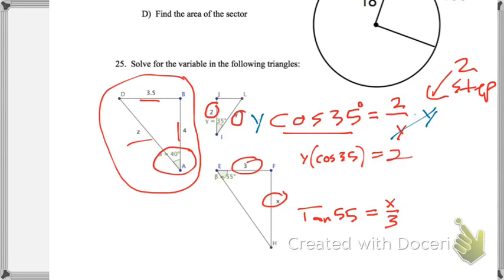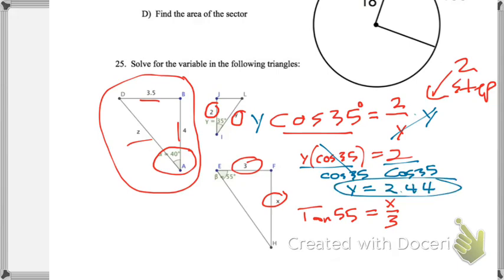And then I'm going to divide both sides by that cosine of 35, which you may have as a decimal, but that's fine. It's a value, and that's going to get me y by itself. So y will be equal to 2 divided by my cosine of 35 decimal or cosine of 35 itself. And I get about 2.44. Y is about 2.44.